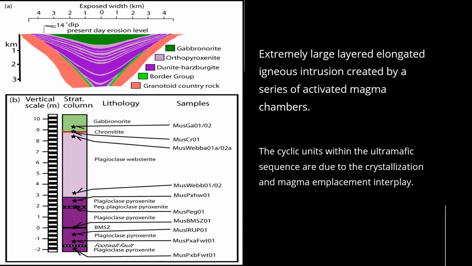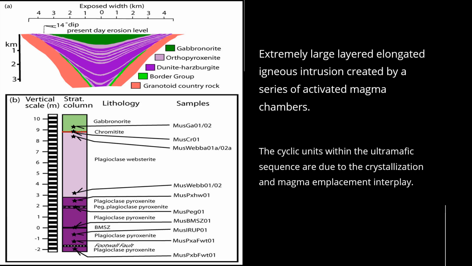This 2.5 billion year old Great Dyke is extremely large and characteristically layered, an elongate igneous intrusion that was formed due to a series of linked magma chambers activated by fracturing tectonic activity. The igneous intrusion first developed from isolated chambers, which eventually linked as the magma filling progressed.